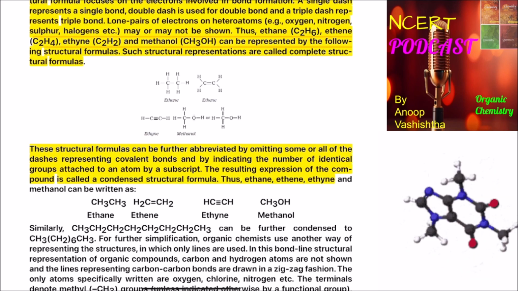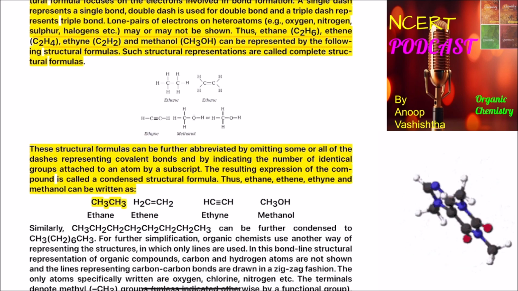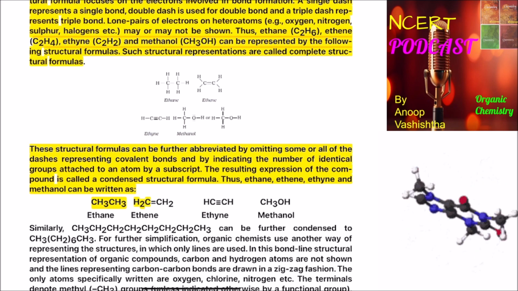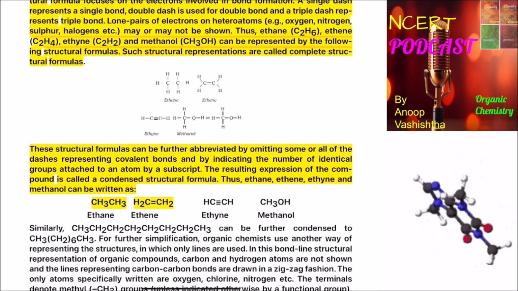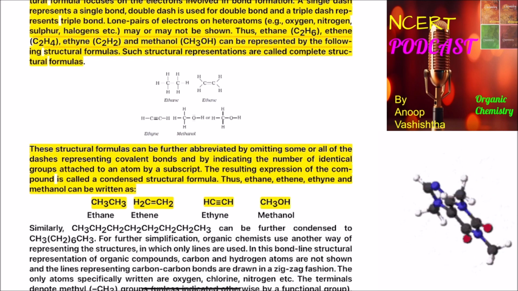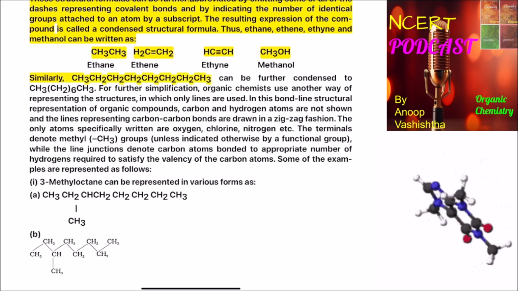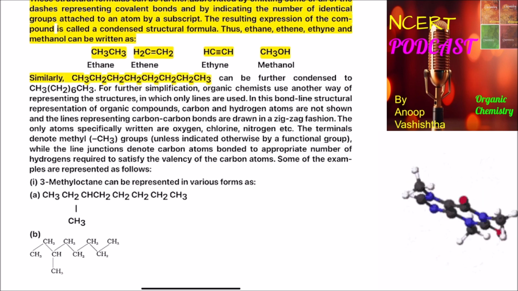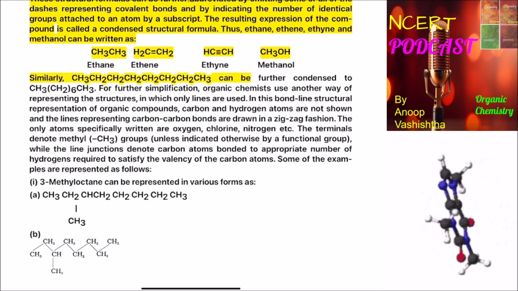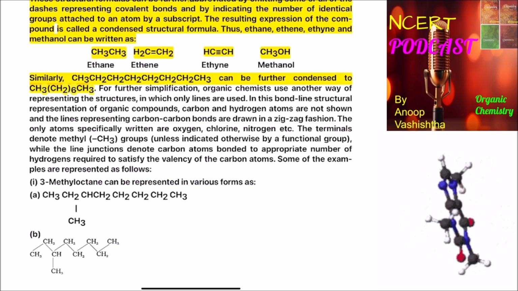Thus, ethane, ethene, ethyne and methanol can be written as CH3CH3 ethane, CH2CH2 ethene, HC triple bond CH ethyne, CH3OH methanol. Similarly, CH3CH2CH2CH2CH2CH2CH3 can be further condensed to CH3(CH2)5CH3.